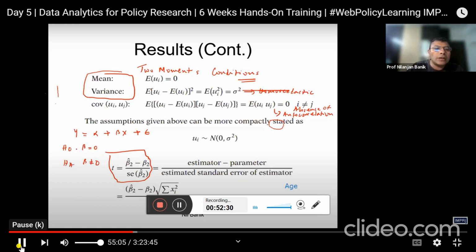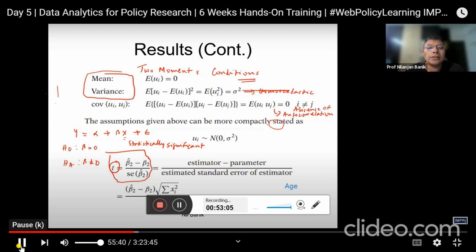This T statistic is basically going to tell us whether this variable is statistically significant or not. If we find that the T value is not statistically significant, it implies that X is not influencing my Y. Let me repeat it one more time.